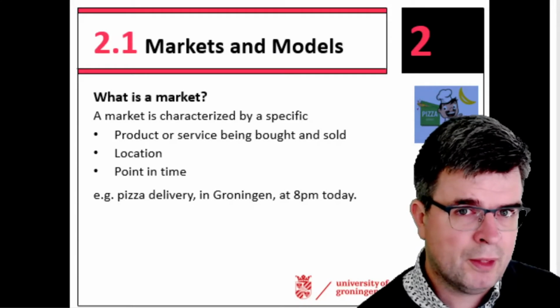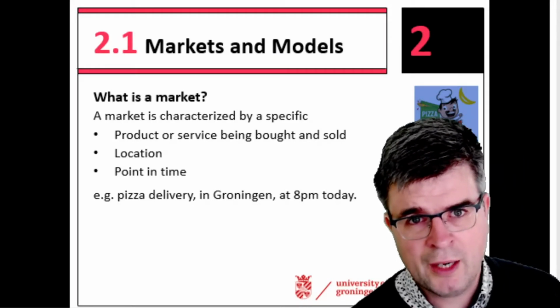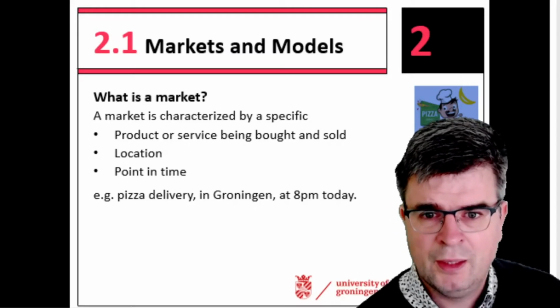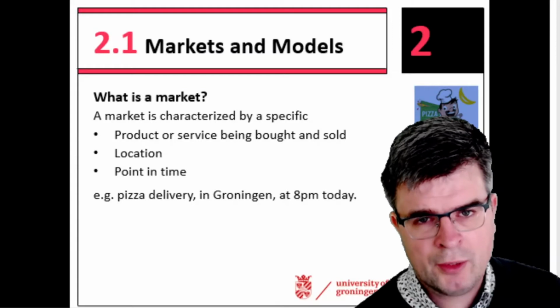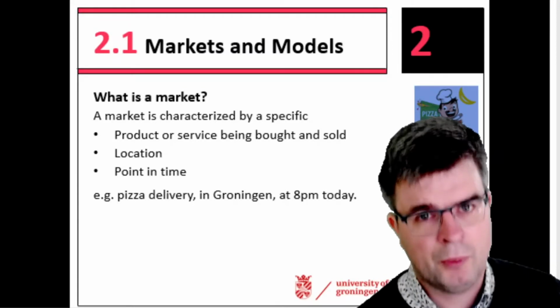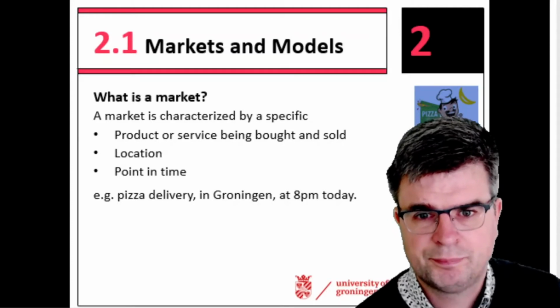But the demand for pizza delivery in Groningen is probably a lot higher than the demand in Uithuizermeeden. So a market is characterized not only by the good or service that is sold, but also by where it is sold and when it is sold.